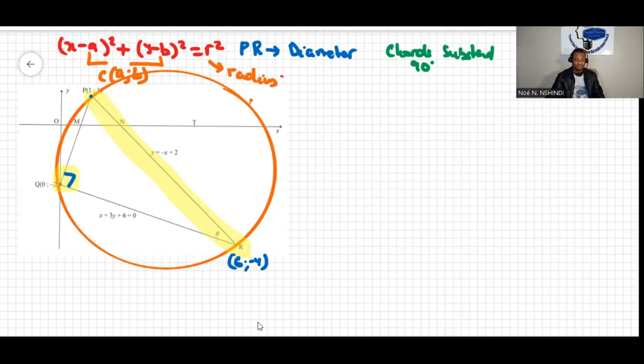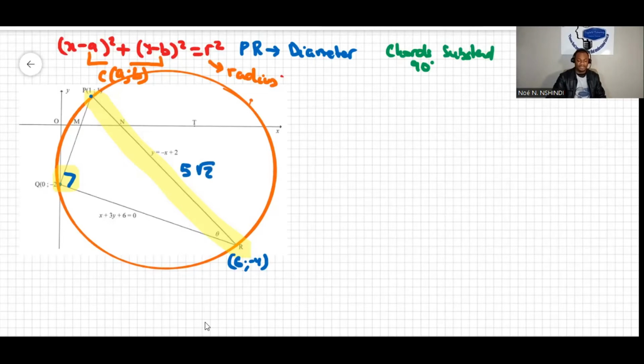All right, to find the equation of the circle, we need to find the coordinates of the center and also the radius. The diameter is simply the length PR. We found it in the previous question: it was equal to 5 square root of 2.